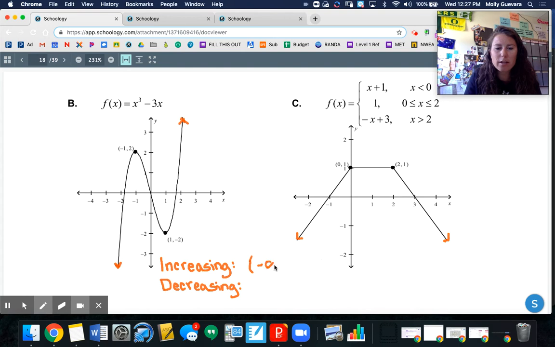Why are you not letting me write? Negative infinity to 0. And increasing. Okay. Then at 0, I'm constant, right? It's not going up or down. So I'm constant, constant, constant, constant until 2. So I need to add one more in here if my pen will let me write.